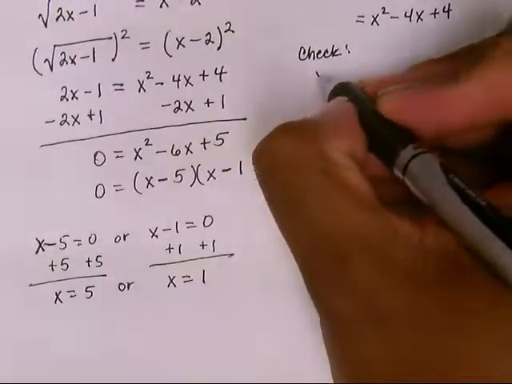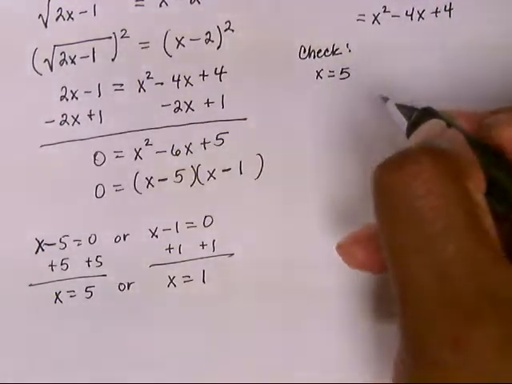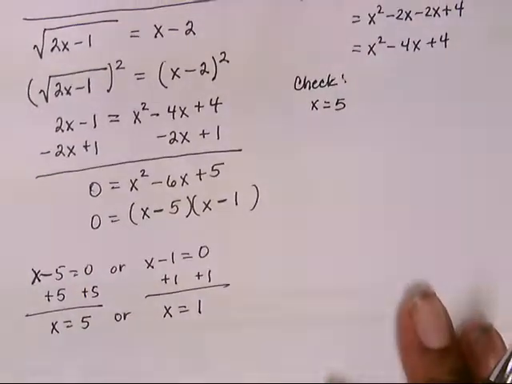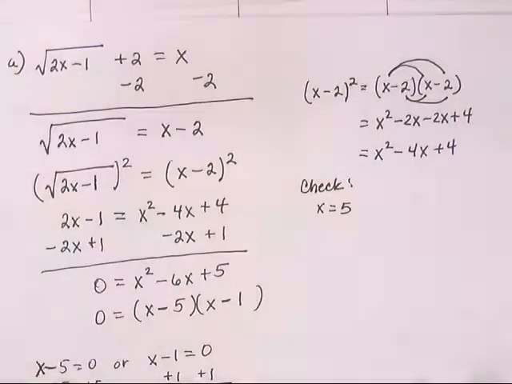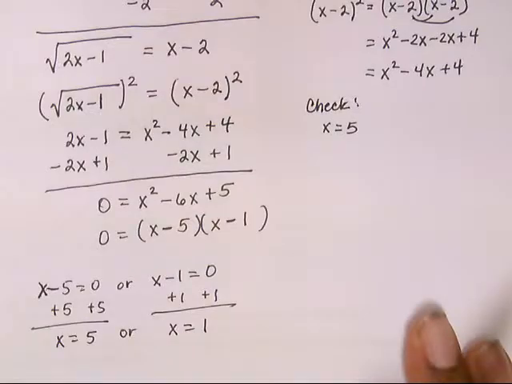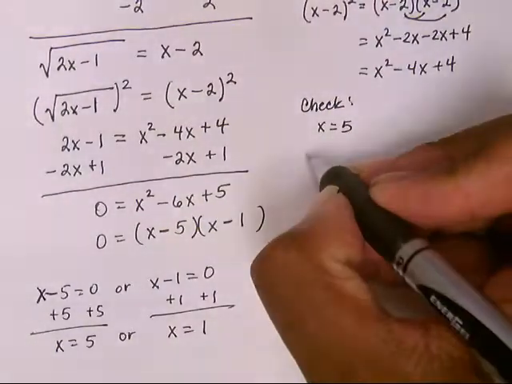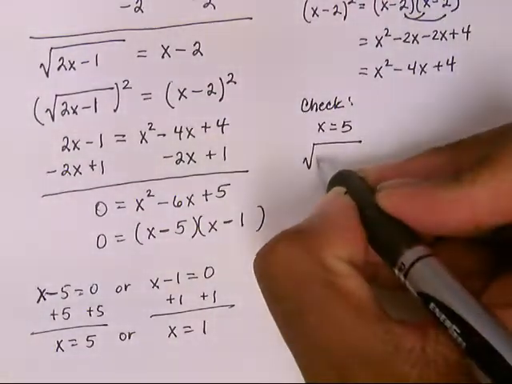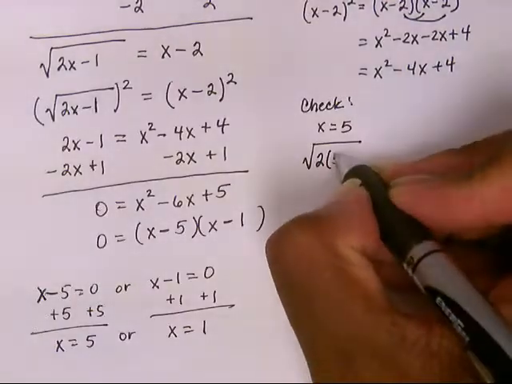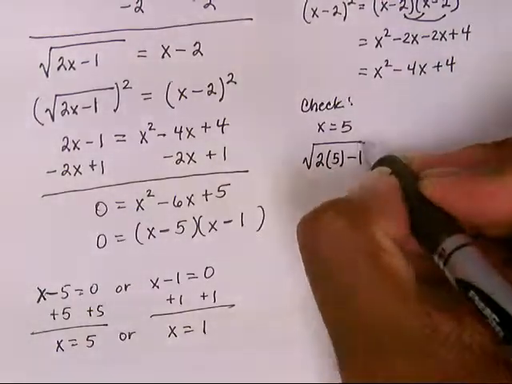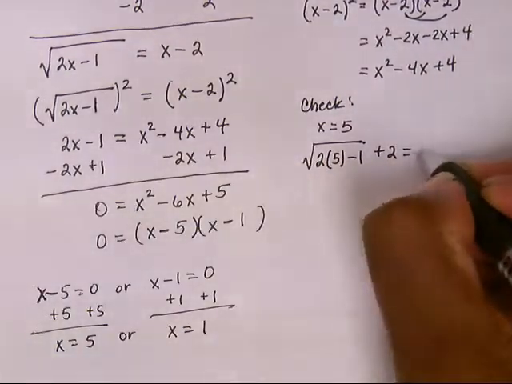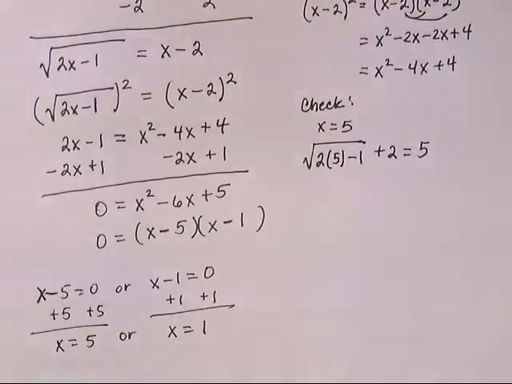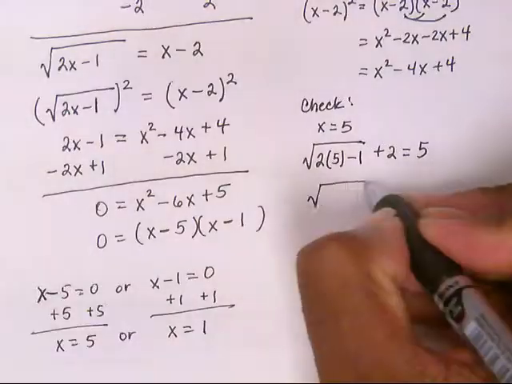So here's a check. I'm going to start with x is equal to 5. Now I'm going to use the original equation that I started off with and replace each x with 5. So I got the square root of 2 times 5, minus 1, and then plus 2. That must be equal to 5. Simplify.